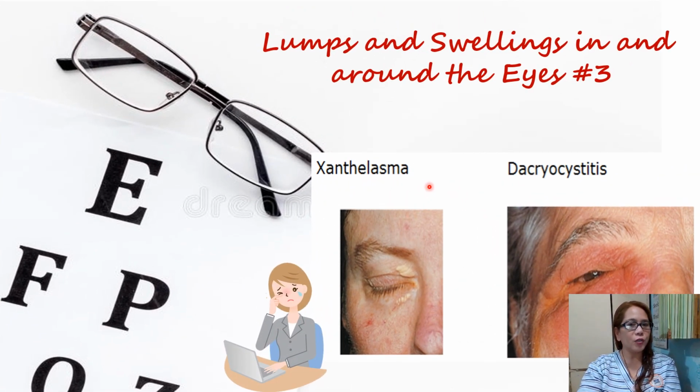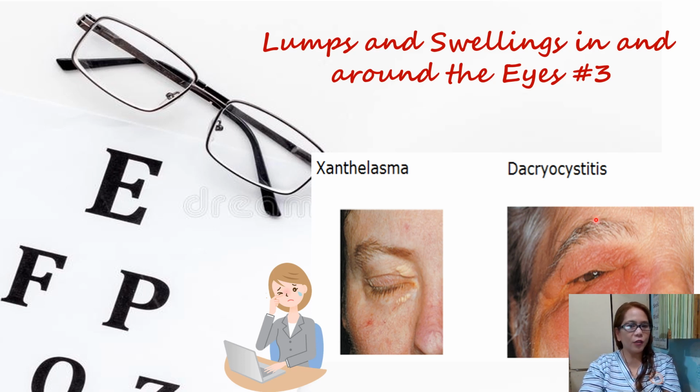Okay, another abnormality, lumps and swelling in or around the eyes. We have the xanthelasma. It is a slightly raised, yellowish, well-circumscribed plaque that appears along the nasal portion of one or both eyelids here.